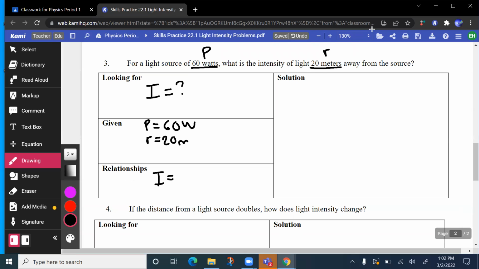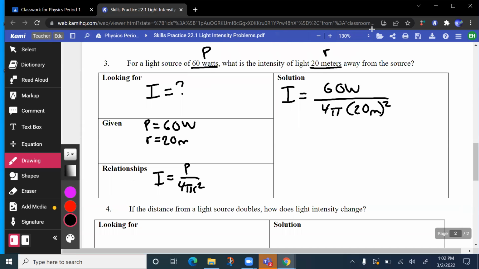The intensity equation would be power divided by 4 pi r squared. Substitute into that equation: 60 watts divided by 4 times pi times 20 meters squared. When you do this part, do your 20 squared first, which is 400. Then multiply 400 times 4 pi.